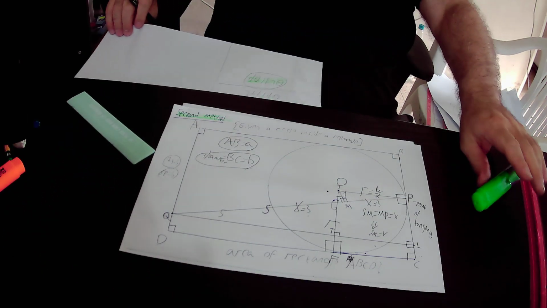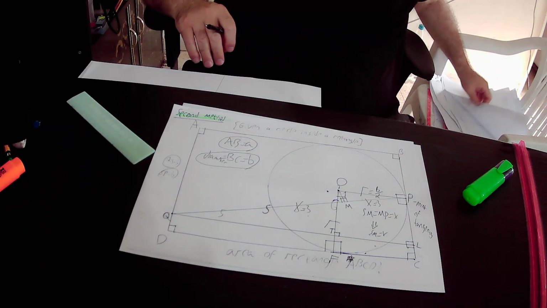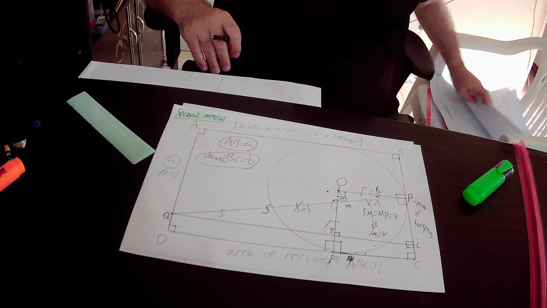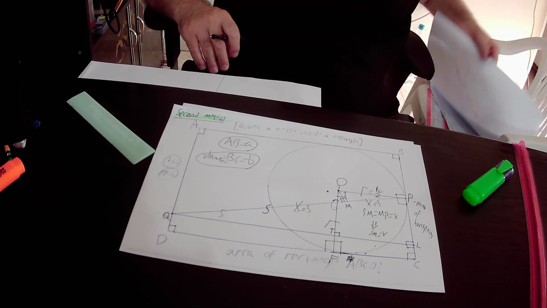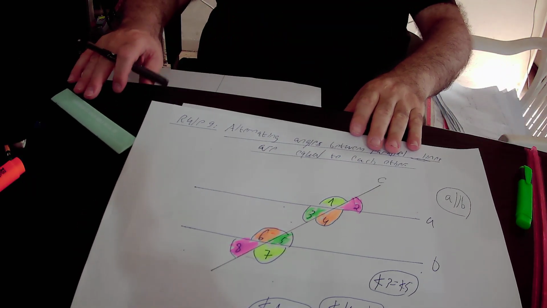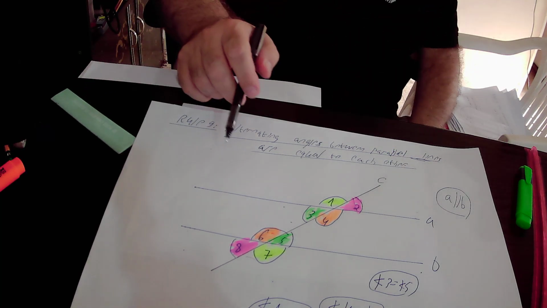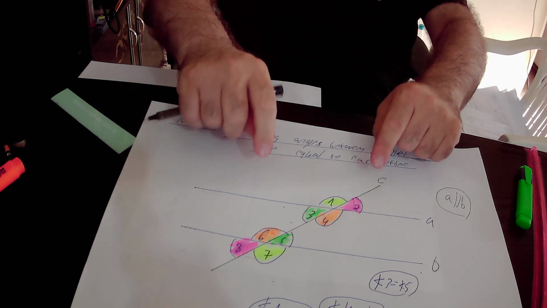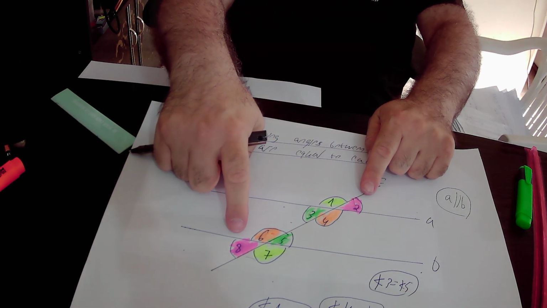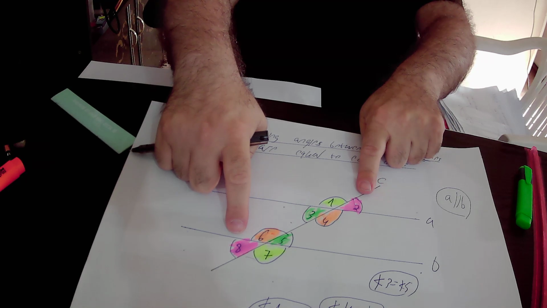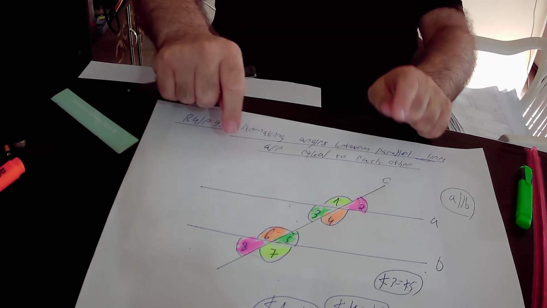And we also have here rule number 9. According to rule number 9, alternating angles between parallel lines are equal to each other. Line A is parallel to line B. So those two pink angles are defined as alternating angles, and they are located between the parallel lines A and B, therefore they are equal to each other.